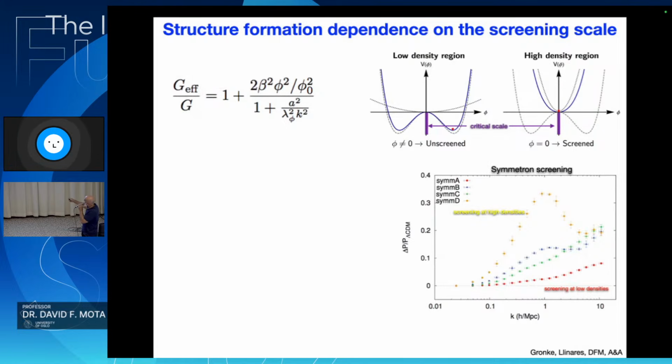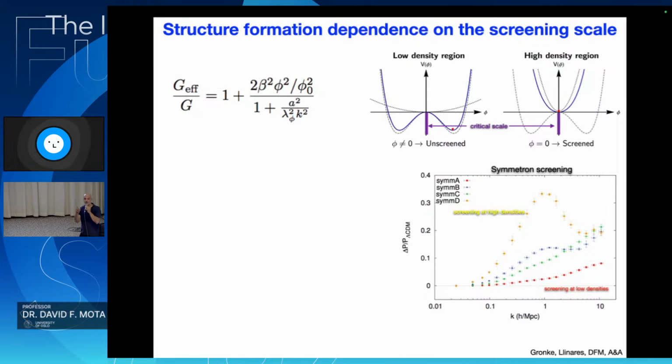Again, I'm plotting the matter power spectrum, not only linear because I can go beyond linear scales. It shows the difference between the symmetron and lambda CDM as a function of scale, small scales and large scales. If the symmetron threshold is only reached at very high densities, so if my symmetron is active all the way, let's say, down to the solar system, then there are big deviations from lambda CDM.